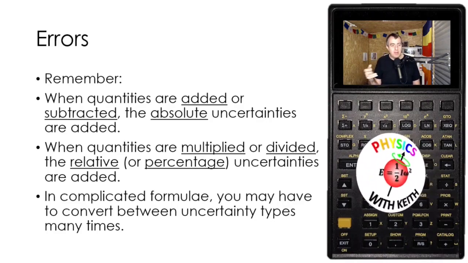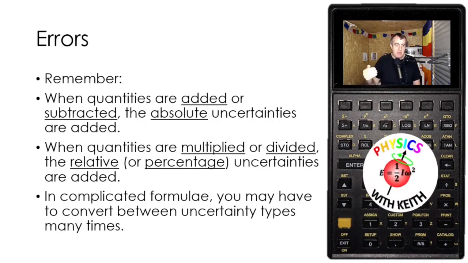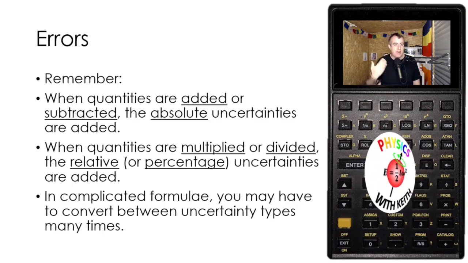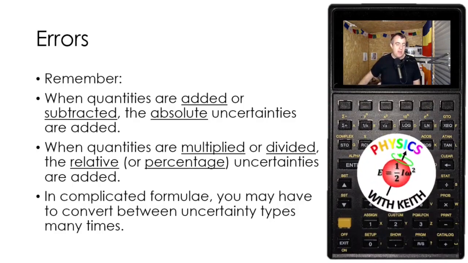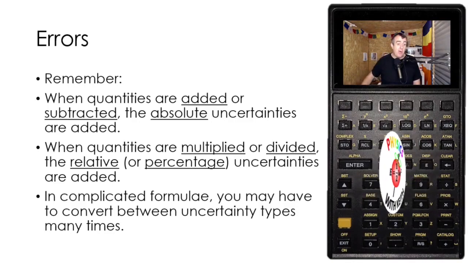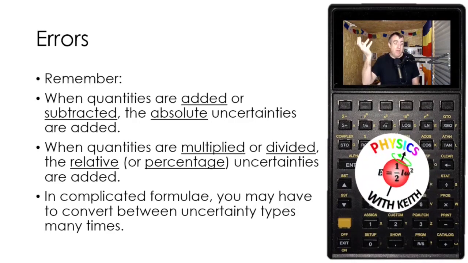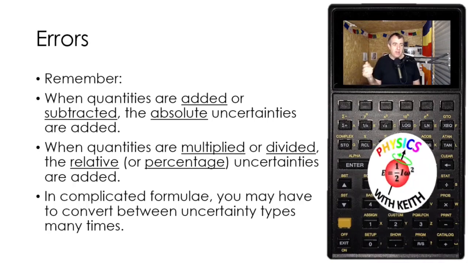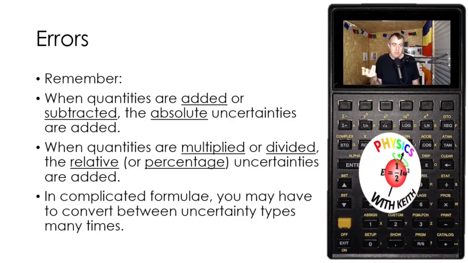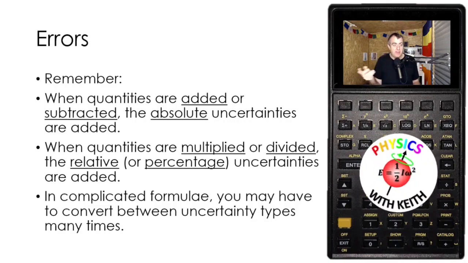If you're squaring a number, you're timesing it by itself, so you just add two lots of that relative uncertainty. And if you're raising something to the power of 3, you add 3 lots of that relative uncertainty. In fact, if you raise any quantity to the power of n, then you multiply the relative uncertainty by n.